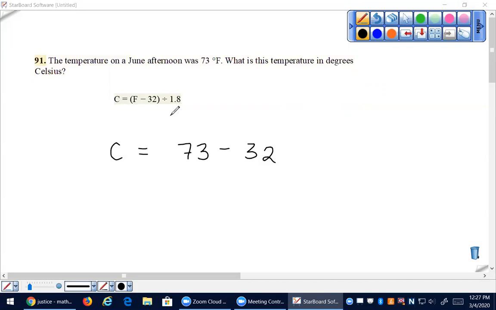Order of operations would normally do the division first. So if I'm going to break that, I need the parentheses. So 73 minus 32 and then divided by 1.8. So about 22.8.